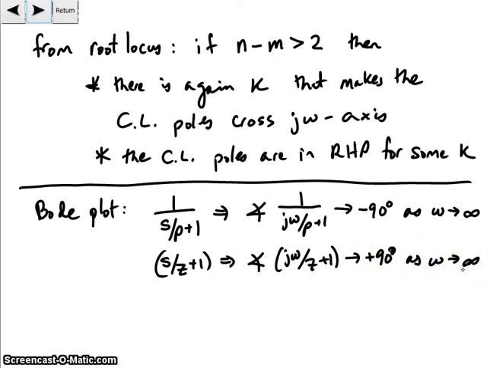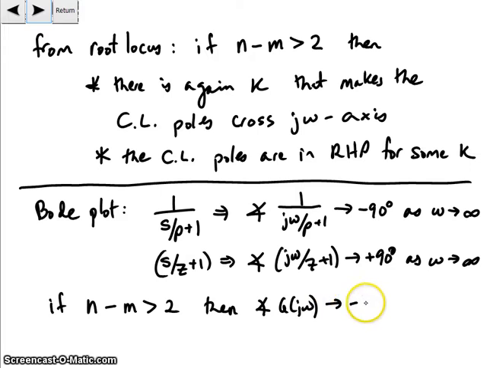Okay? So hopefully you can see that what this means is if the number of poles minus the number of zeros is greater than 2, then the phase angle of g of j omega will go to minus 270 degrees or more as omega goes to infinity. Right?